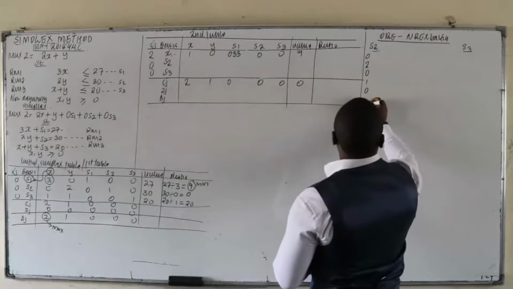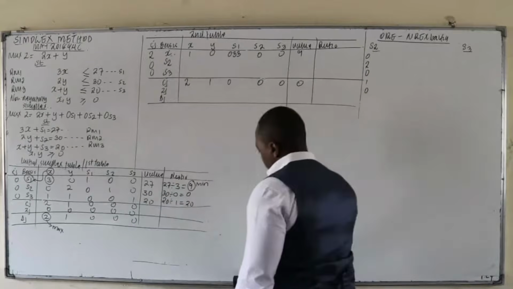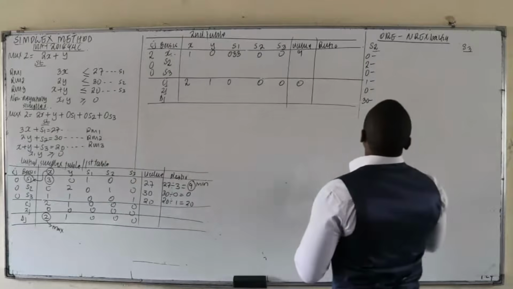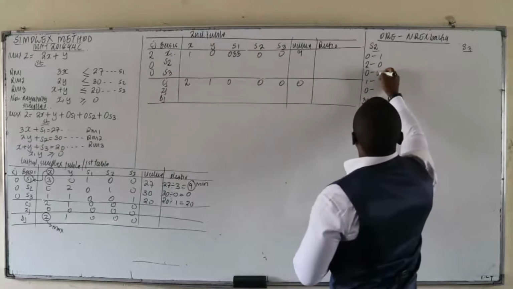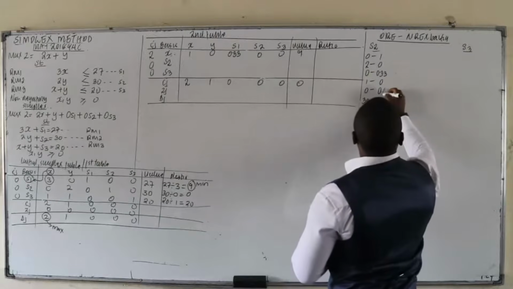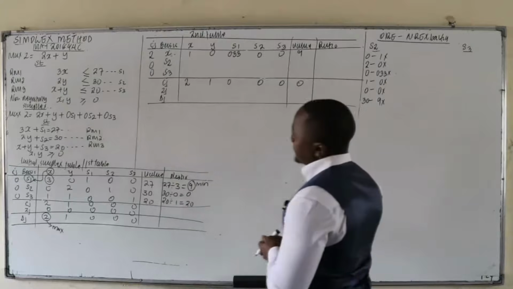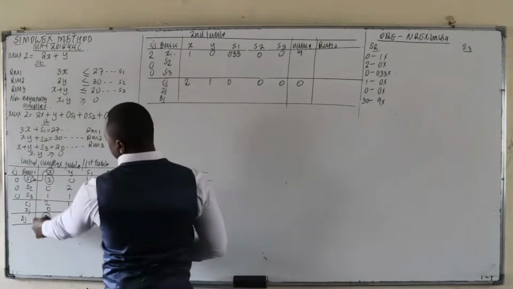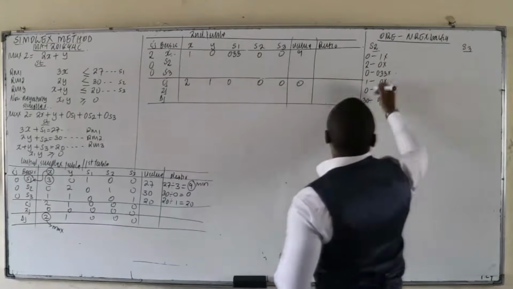Then we have 300. Then you minus the new row element. This is our new row element. We have 1, 0, 0.33, 0, 0, and 9. Then you multiply by the balancing figure. So where you have the pivot, that column will give us the balancing figure. For S2 it is 0, for S3 it will be 1. So here you have 0.